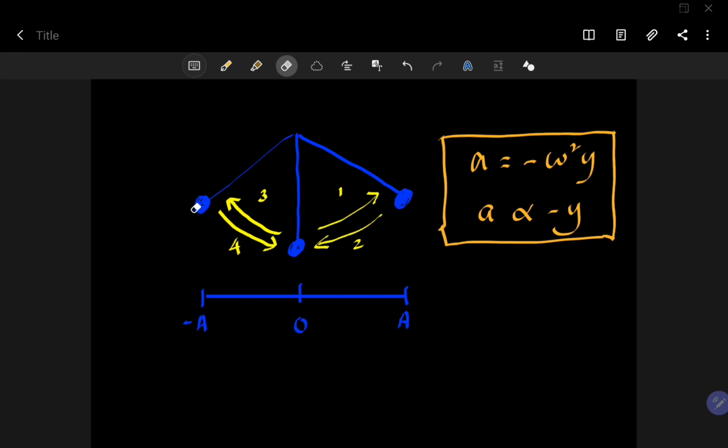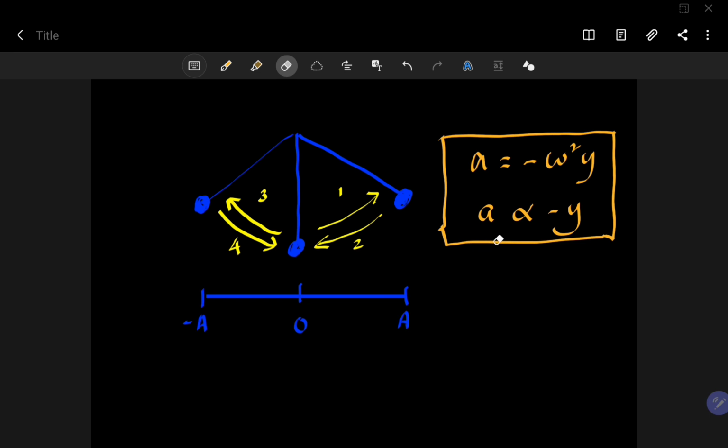So this is our periodic motion. The object is moving from equilibrium towards the amplitude, turns back to equilibrium, and then moves towards another amplitude, then turns back to its original position or equilibrium, and this happens again and again. So this is what you call a periodic motion, or simple harmonic motion.